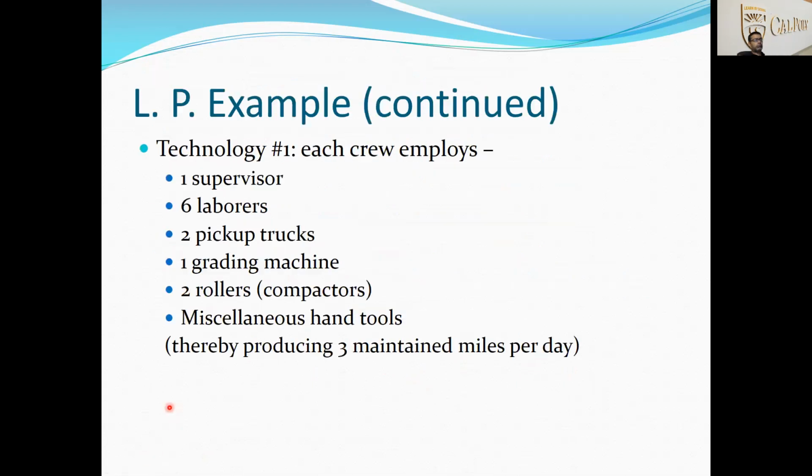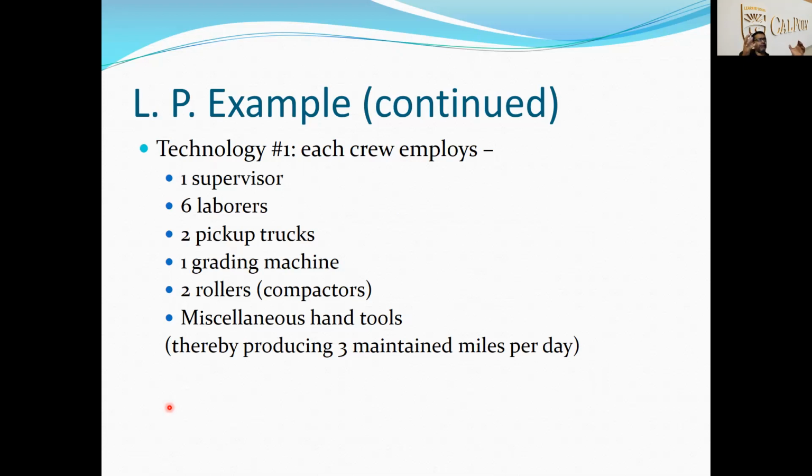So let's say now, obviously, you can keep assigning maximum amount of x1 and maximum amount of x2 if you had unlimited resources, right? But here is where the constraints come into play. So when I say technology number 1, this is all that goes along with technology number 1.